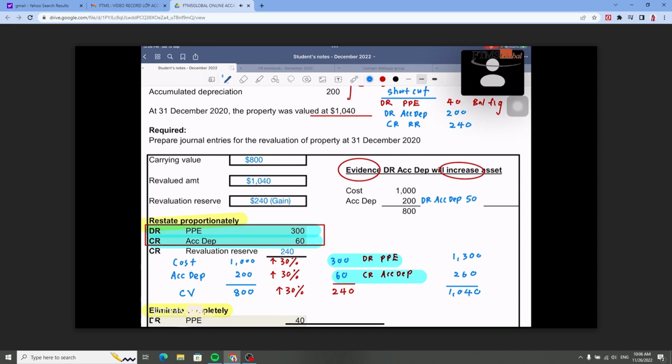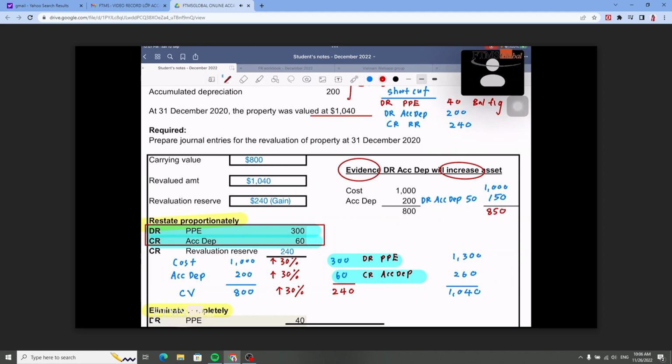The rest, there's no change to the rest of the information. So my cost will still be at 1,000. By debiting accumulated depreciation 50, so now it becomes 150. So do you see the value of my asset now is at 850.